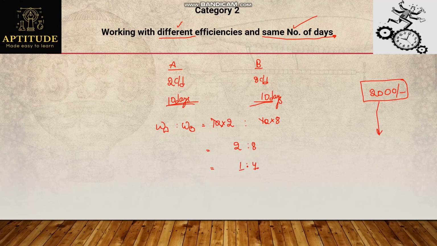The number of parts is just the sum of these individual ratios. So I'll divide this 2000 rupees into 5 parts, getting each part as 400 rupees. Which means A gets 400 rupees because he is getting only one part, and the remaining 1600 rupees will be for B.